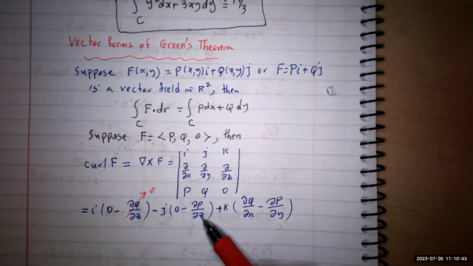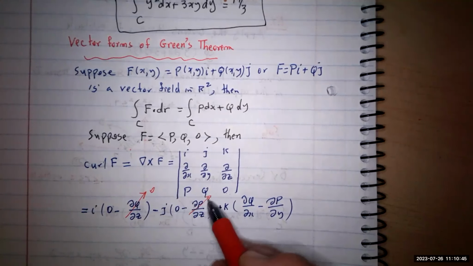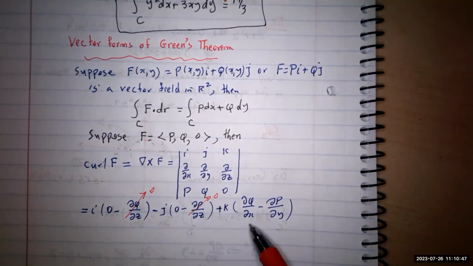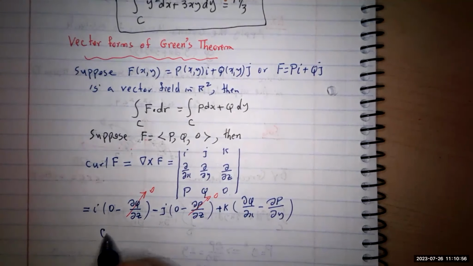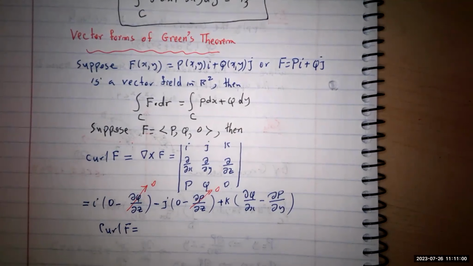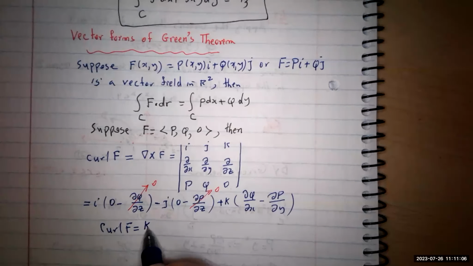P is a function of two variables, so there is no Z, that is 0. So the only thing that we get is that last part. This means the curl of this vector field in R2 is going to be simply the K, which is a unit vector, remember?